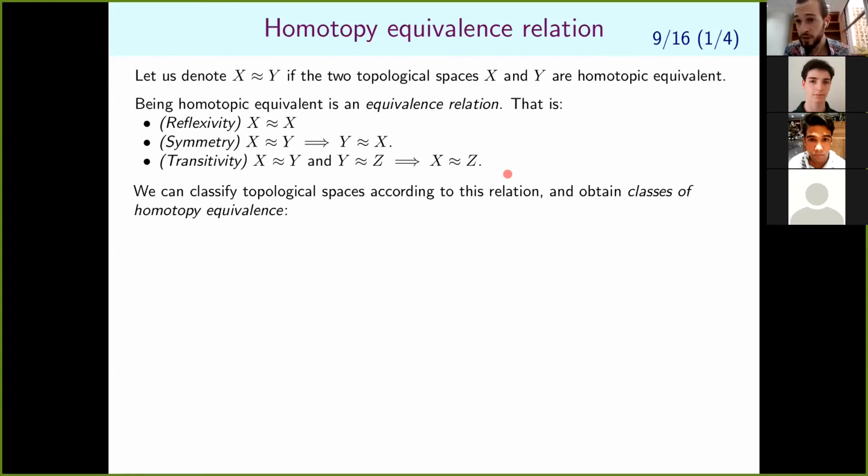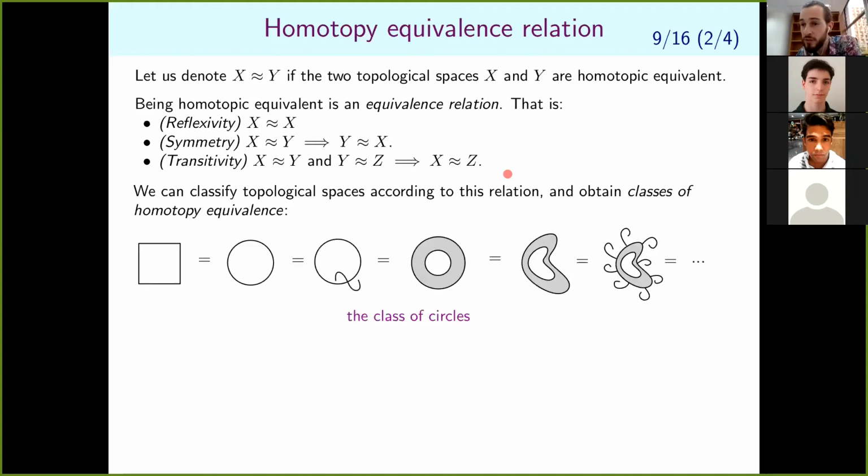And this is really nice because now we can consider classes of homotopy equivalence. We can classify topological spaces according to this equivalence relation. For instance, the class of circles will be the class of all the topological spaces that are homotopy equivalent to a circle.